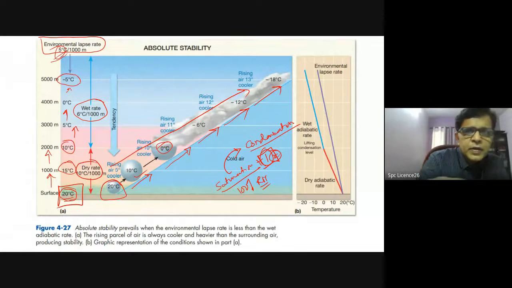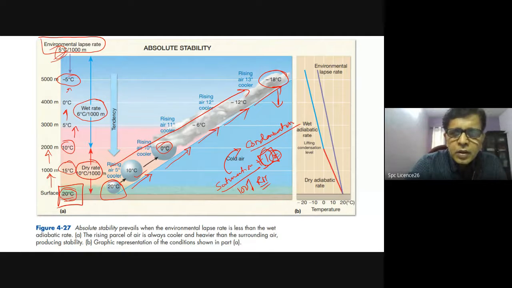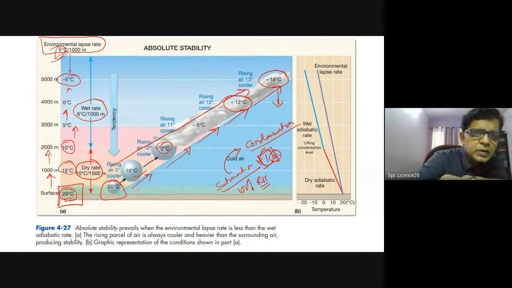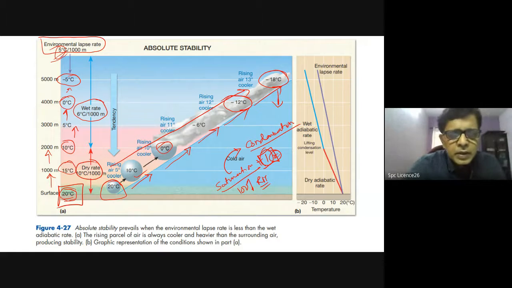It is minus 5 and this air parcel is minus 18. Because minus 18 is going to be heavier than minus 5, the tendency is going to be to come down. Now, if we see it here, it is minus 12, still lower than 0. So it's going to be coming down.